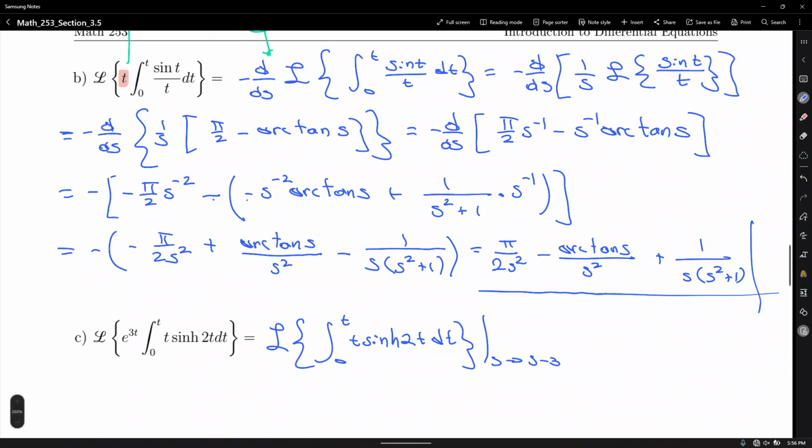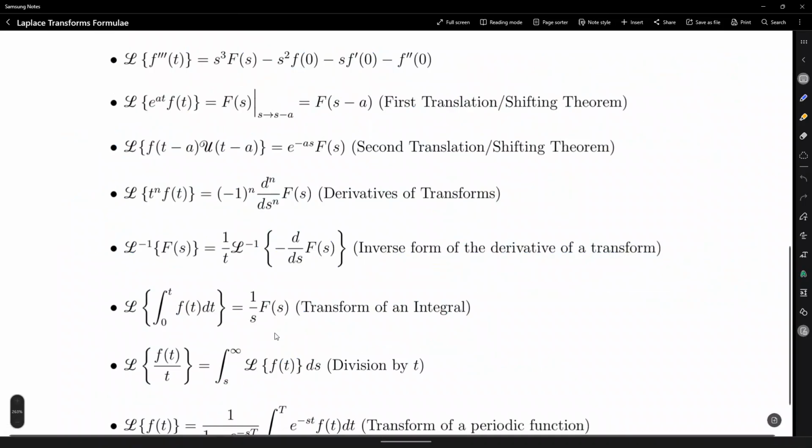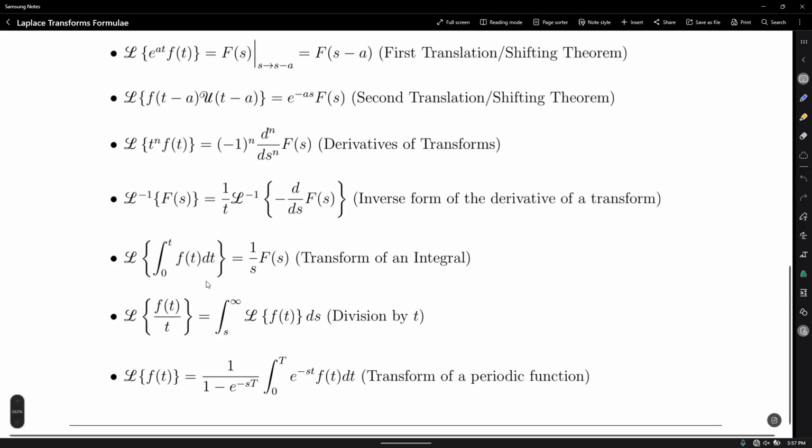All right. What's next here? So, well, the Laplace transform of an integral. How do we transform an integral? Okay, formula sheet. The Laplace transform of an integral is the third to the last formula, that is 1 over s times the Laplace transform of the other function, that it's not t, okay? So, what is this?